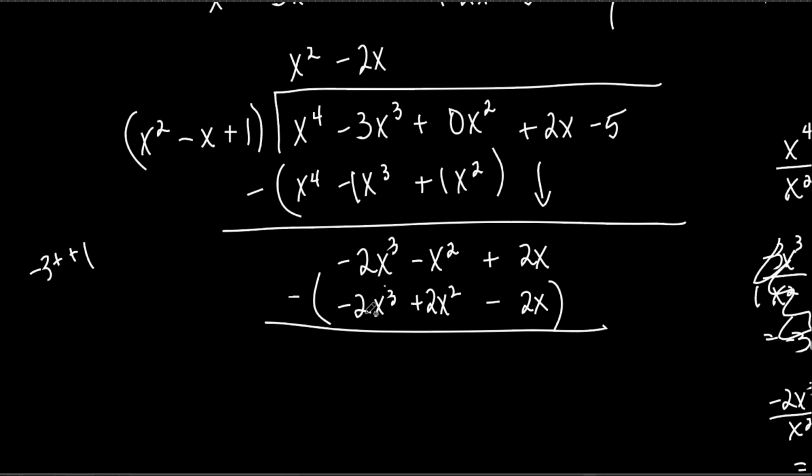Negative 2 minus a negative is plus. That goes to 0. Negative 1x squared minus 2 is negative 3x squared. And now I have 2 minus a negative. Minus a negative is plus, so 2 plus 2 is 4x. Bring down the next number.